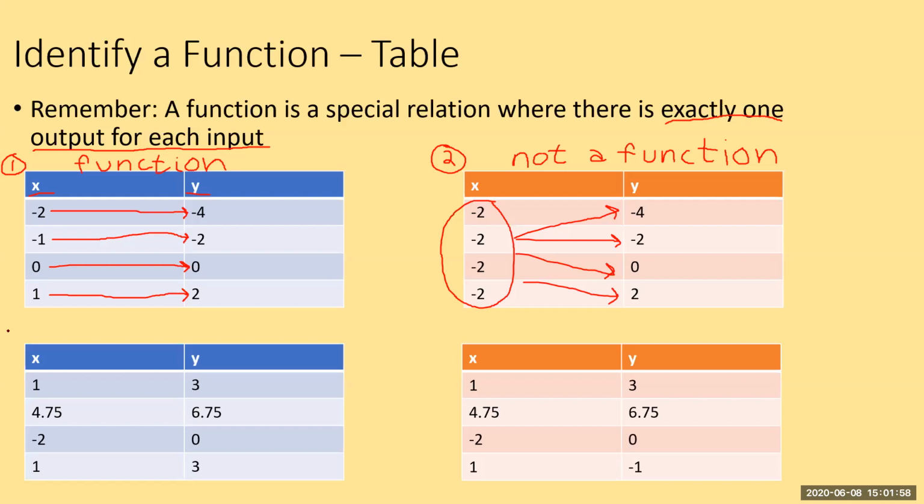All right, let's look at our third table here. So table number 3 is an example of something that is a function. So table 3 is showing a function.